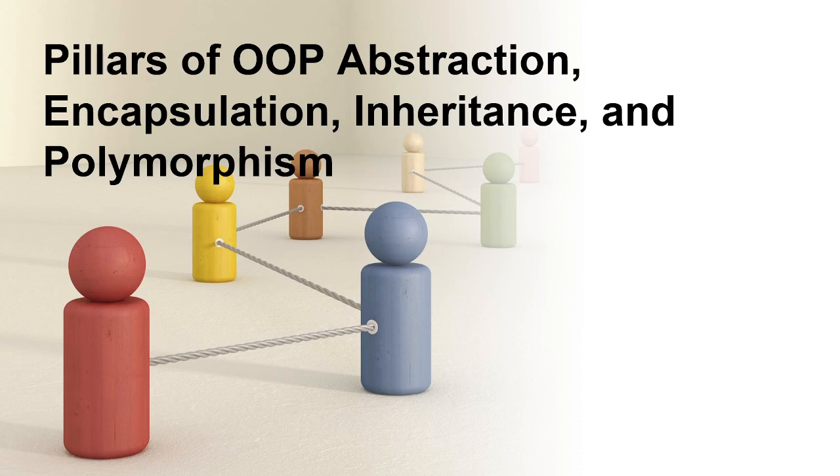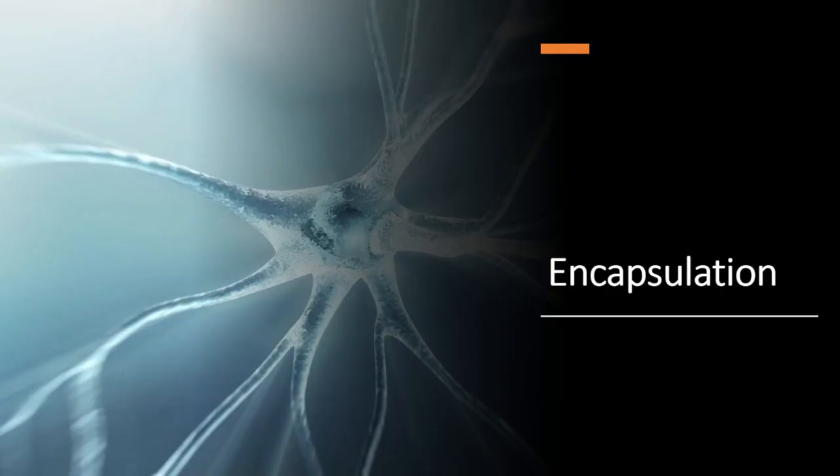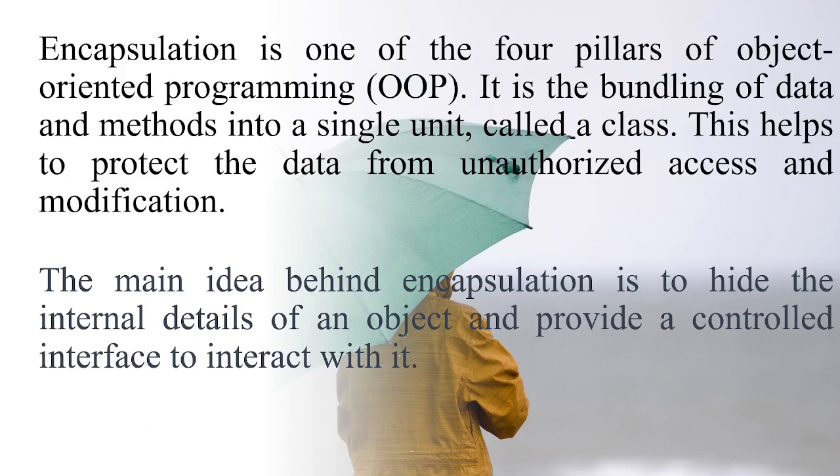Encapsulation is one of the four pillars, and you can say it is the bundling of data and methods, which we have already seen, into a single unit that is called a class. This helps to protect the data from unauthorized access and modification. It is like you protect your data so that nobody can access it and manipulate it.